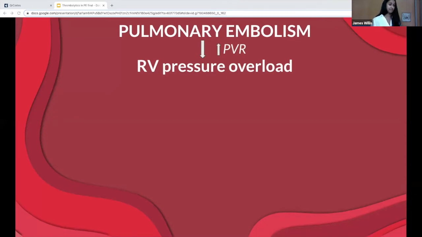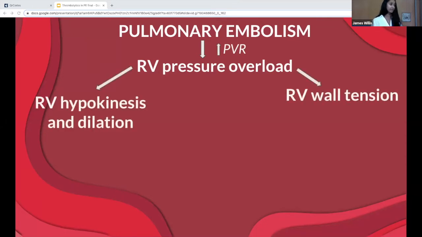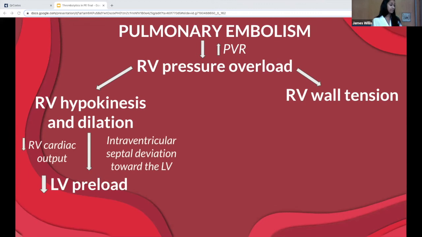This then leads to two things. One of them would be right ventricular hypokinesis and dilation, as well as right ventricular wall tension. In terms of the hypokinesis and dilation, it leads to a decrease in left ventricular preload, and that occurs because there is a decrease in right ventricular cardiac output, as well as intraventricular septal deviation towards the left ventricle.